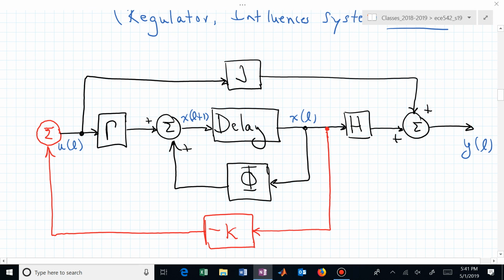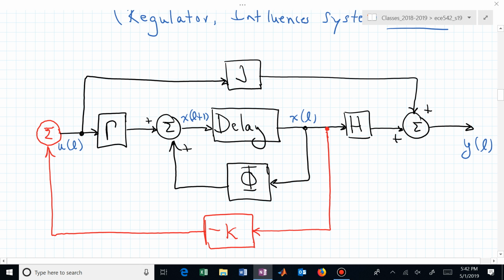Let's say that the red material is not yet on there and we're still back in representation A. How do you tell me any information about the dynamics of that system? What would you look at or say, oh, this is what I need to find or compute? Okay, eigenvalues of phi. So eigenvalues of phi give us the poles of this system.